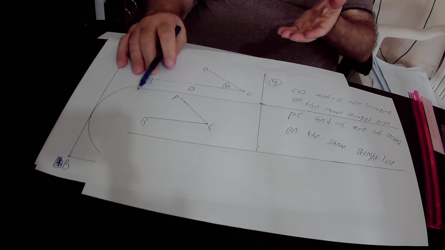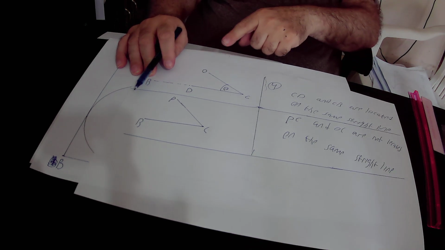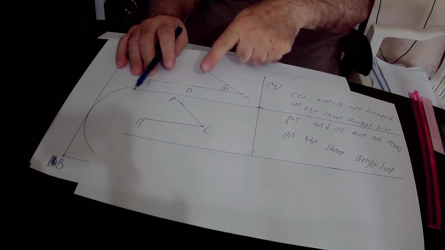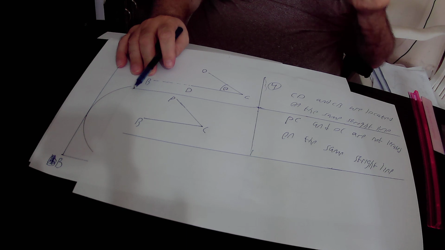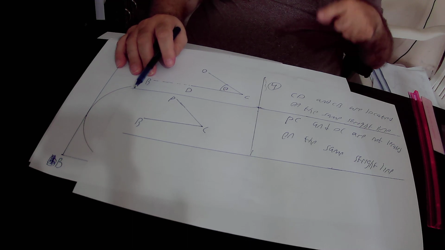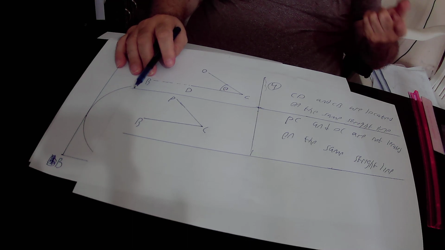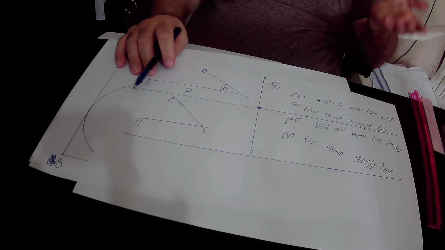But the second leg of those two angles, that is to say OC and PC, are not located on the same straight line. And whenever you have two angles where one leg is on the same straight line and the other leg is not, they cannot be equal to each other.